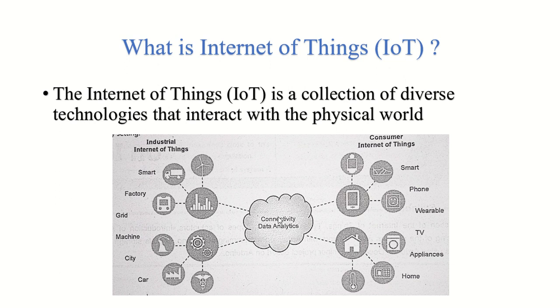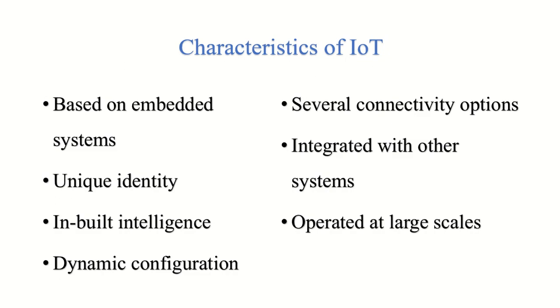But before going to the applications of IoT, I want to discuss a few characteristics of IoT with you. So what are the characteristics of IoT? See here, first I've mentioned, based on the embedded system, right? Basically these devices are typically based on embedded systems, and they inherit several of their characteristics such as real timeliness, low power consumption, very high reliability, very good tolerance for harsh environments, right?